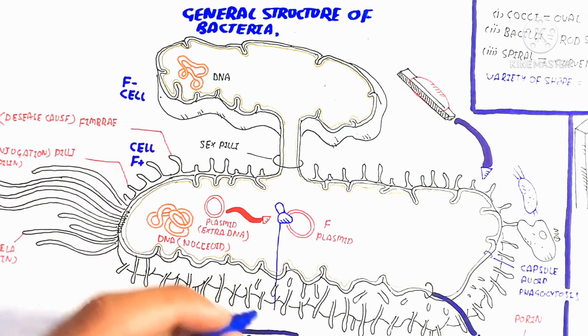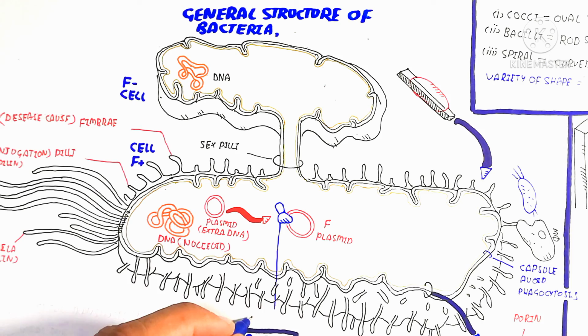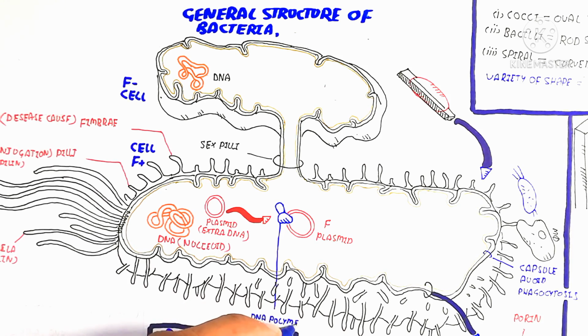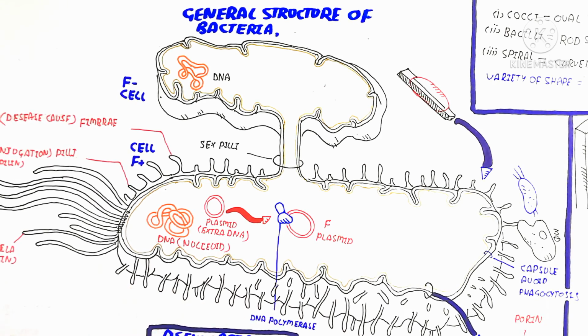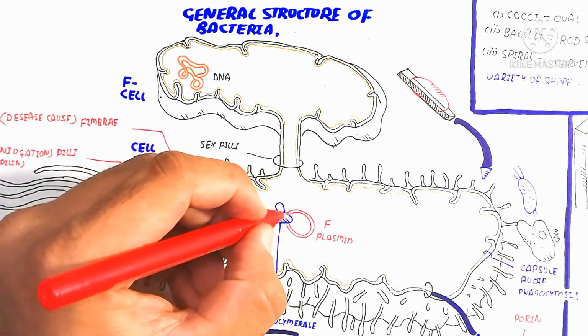We will discuss it. Here is the transferosome, and here is the DNA polymerase, which produces DNA that looks the same as that of the F positive bacteria.